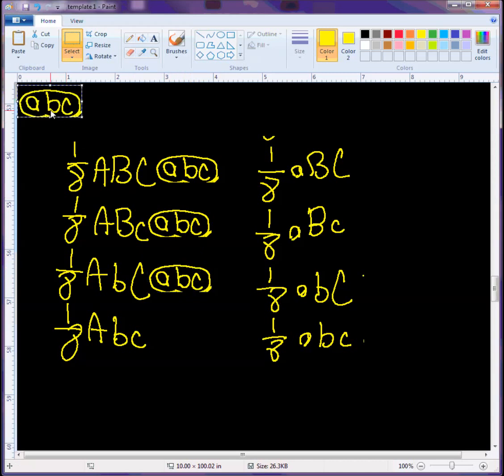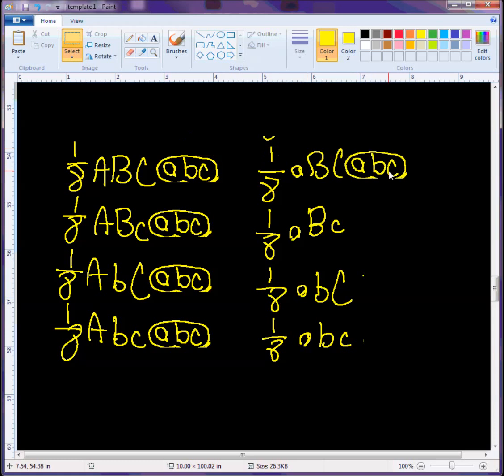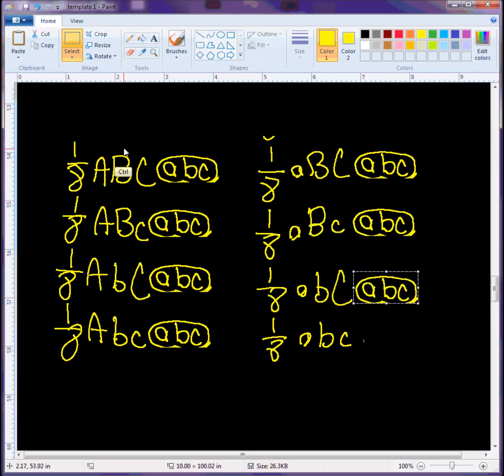Now, because of the way I'm putting these together, we don't have the A's right next to each other, we don't have the B's right next to each other, but we can determine the phenotypes still, even if they're not written out nice and neatly and organized.